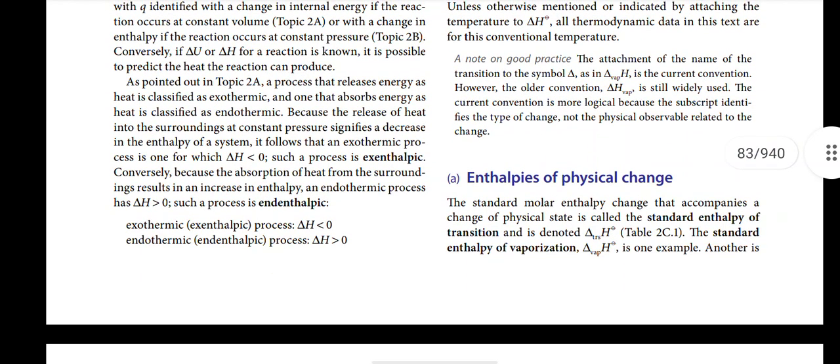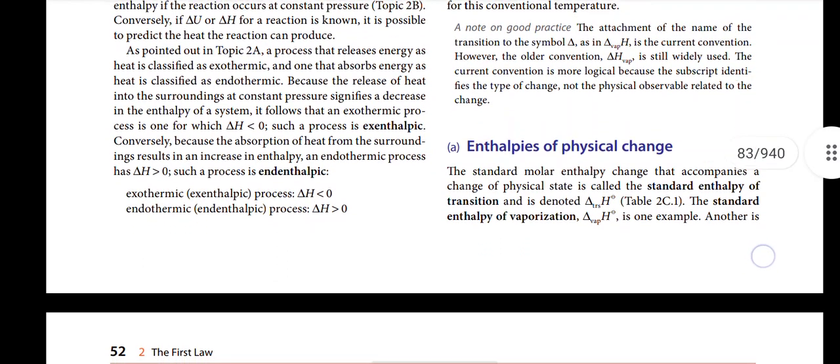Enthalpies of physical changes. The standard molar enthalpy change that accompanies a change of physical state is called the standard enthalpy of transition and is denoted delta trs H naught. The standard enthalpy of vaporization is one example.